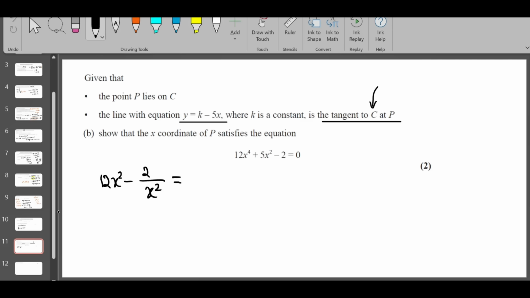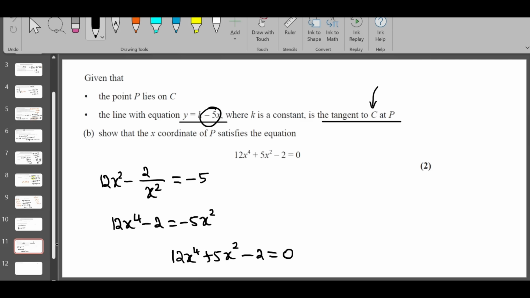This will be the same as the gradient of the tangent, right? Multiply throughout by x square, you get the answer already. 12x power 4 minus 2 is minus 5x square. So 12x power 4 plus 5x square minus 2 is 0. We framed the equation already.